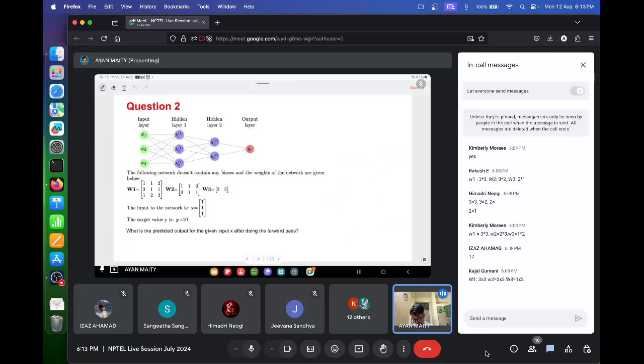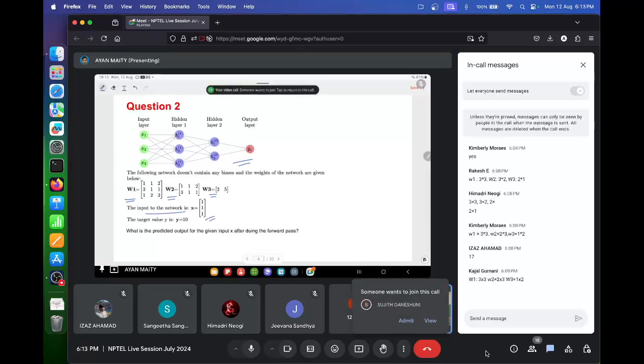Now for the same network, we are given the W1, W2, W3 values. W1 is a 3 cross 3, W2 is a 2 cross 3 and W3 is a 1 cross 2 matrix, and the input X is the three-dimensional vector 1 1 1, and the target value is Y equals 10.